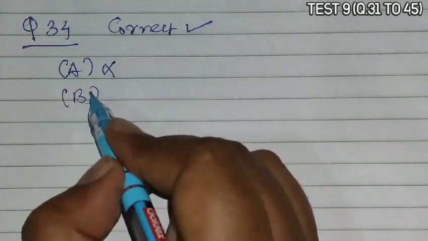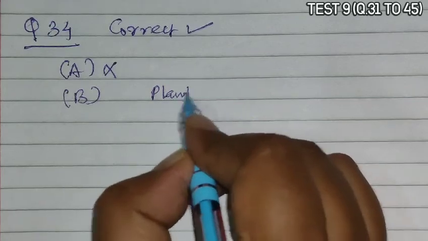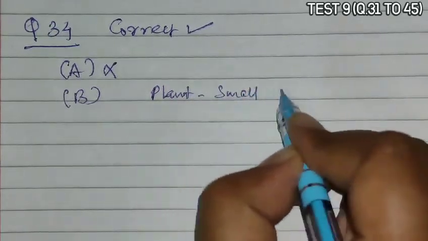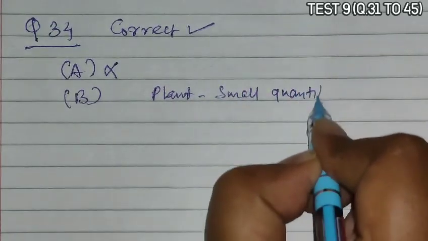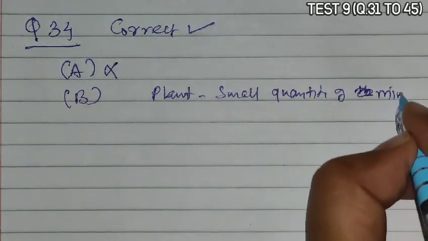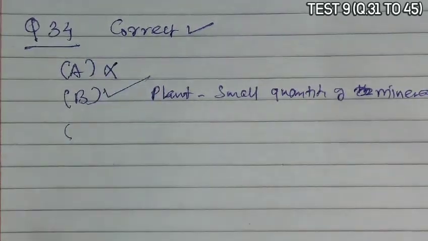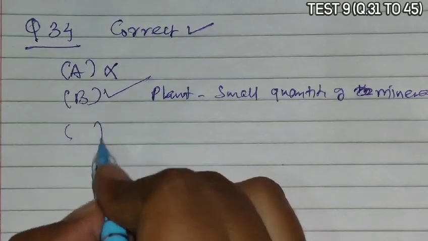B is that plants take a small quantity of minerals along with soil water. So it is correct, obviously. A small mineral quantity is absorbed along with the water.